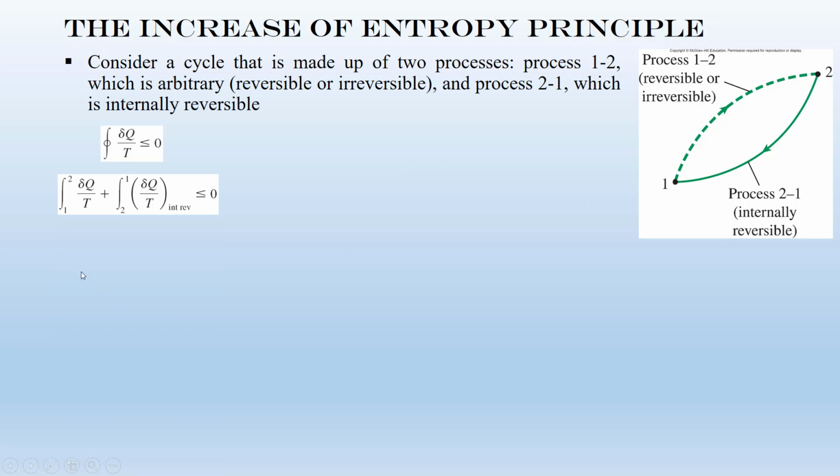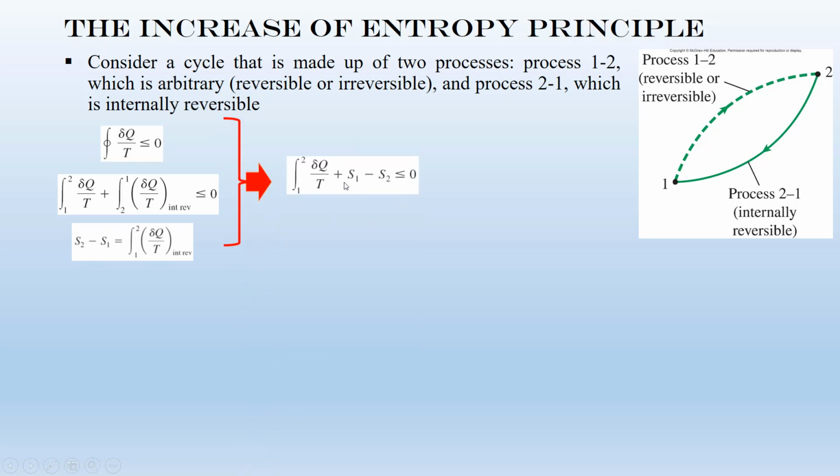For the second process, because this is an internally reversible process, the integral of delta Q over T equals delta S, or S2 minus S1. If you combine these three equations, and substitute this term from the third equation, you can write this equation.